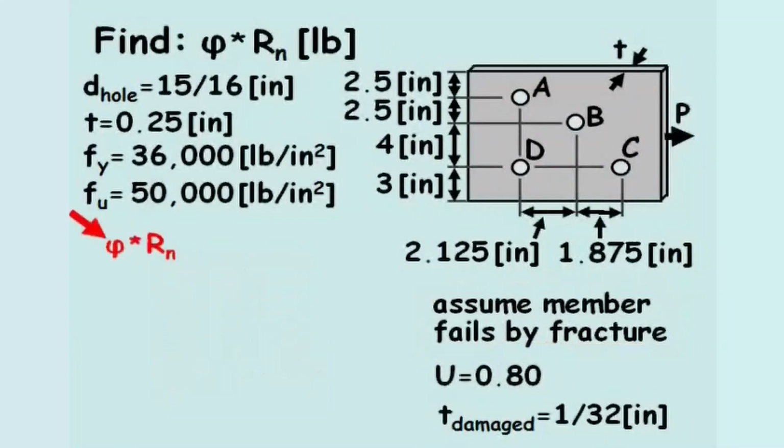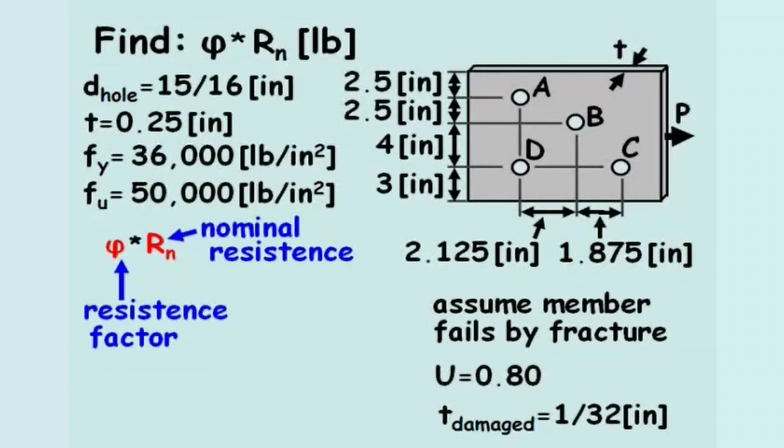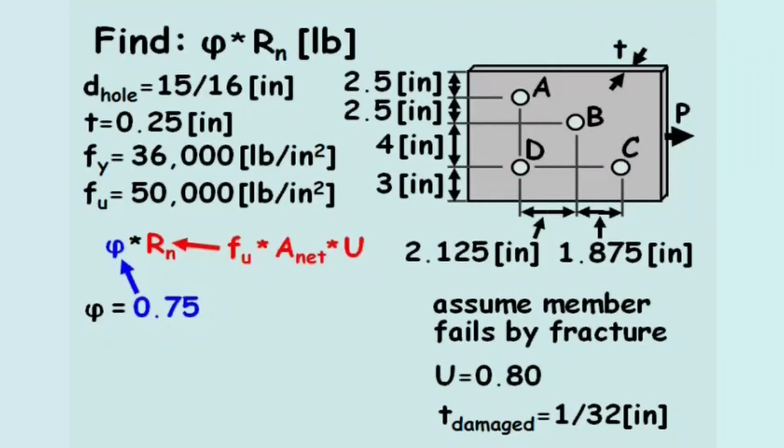In steel design, the design strength of a member equals the resistance factor, phi, times the nominal resistance, Rn. For a fracture failure, the resistance factor equals 0.75, and the nominal resistance equals the ultimate stress in the steel times the net area of the steel times U. From the problem statement, we know the ultimate stress in the steel equals 50,000 pounds per square inch.